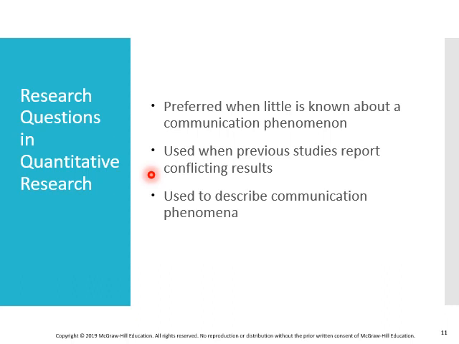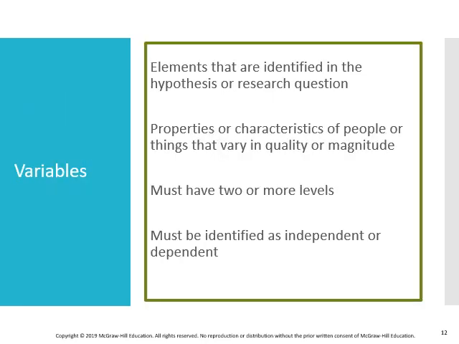They are all conflicting. Therefore, researchers might use a research question to find out which way it really leans. And research questions are useful because they help us describe communication phenomena. Research questions drive research that is usually more descriptive. So research questions are also used sometimes in quantitative research for these reasons.